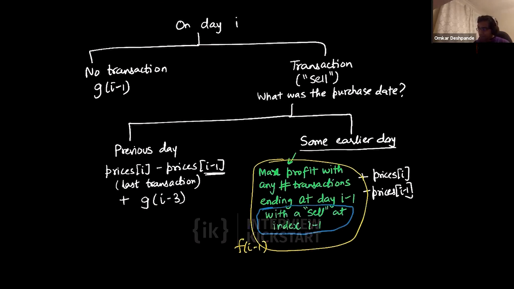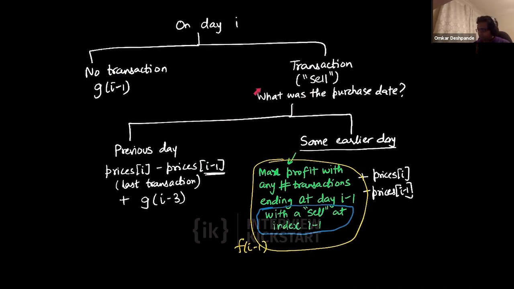To figure that out, we could look at the same diagram and say either the buy happened on the previous day, in which case we would look at the price of that transaction and then add to that the best solution up to index I minus 3, because there is this cool down period, or that buy happened on some earlier day, in which case we will rely on our subordinate to tell us the best solution that ends with a sell on day I minus 1, and we'll just take that and extend it by adding the delta.